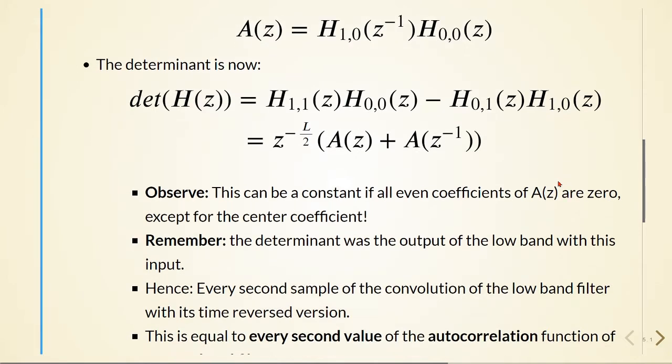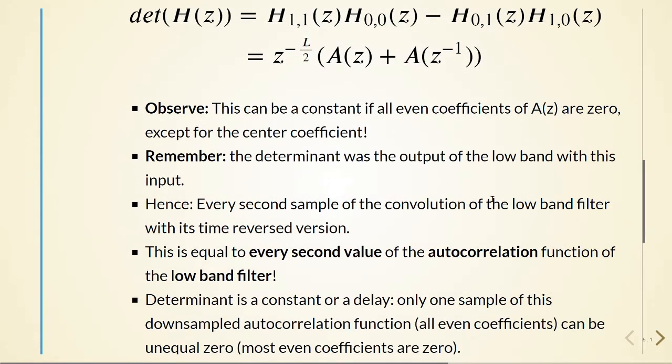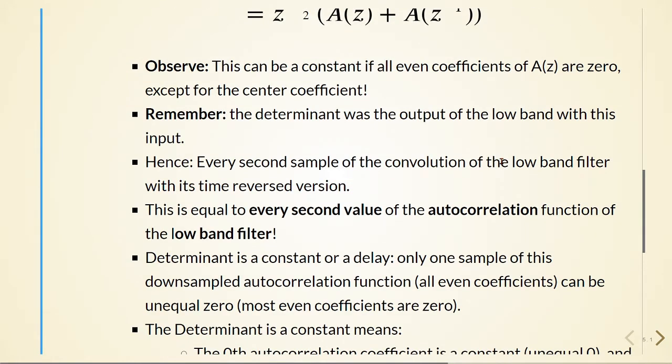Hence, every second sample of the convolution of the low band filter with its time reversed version. And this is equal to every second value of the autocorrelation function of the low band filter. So for the determinant to be a constant or delay, only one sample of this downsampled autocorrelation function can be unequal to 0.